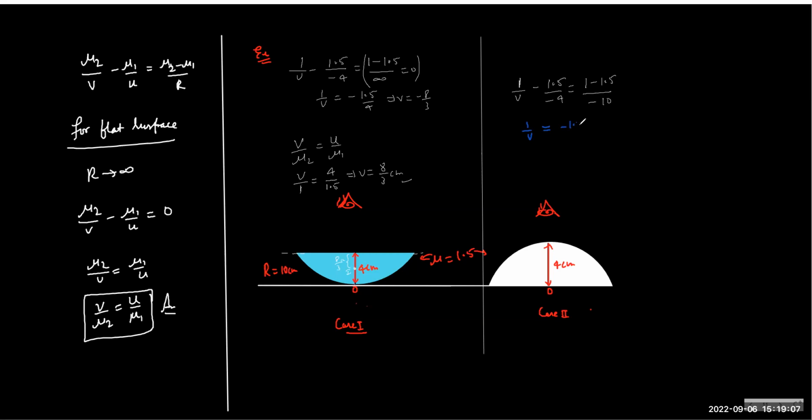This will become plus 0.5 by 10. So you can take the LCM as 20. So 4, 5 over 20 minus 7.5, minus 6.5.